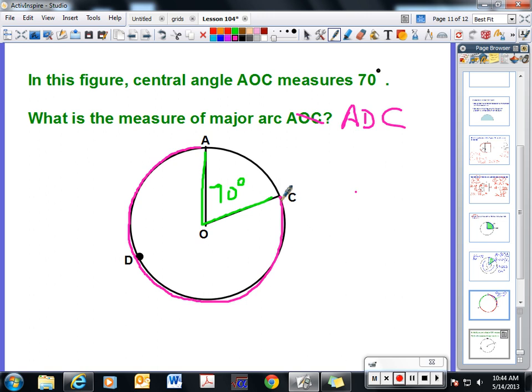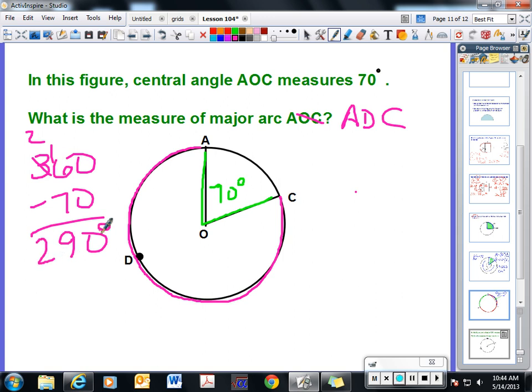Or maybe it's the angle here that measures the arc. Okay, well, 360 would be the whole circle minus the 70 would be 290 degrees. That would be the measure of the angle that would form the arc ADC.